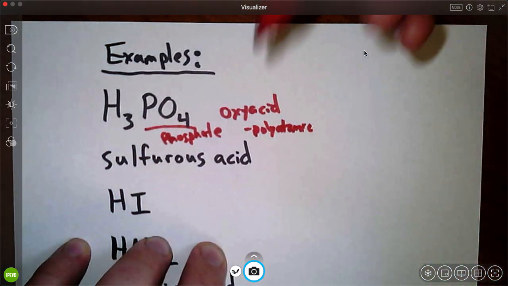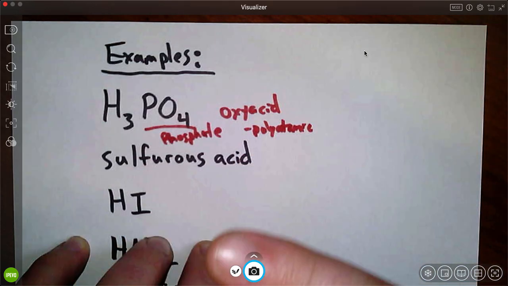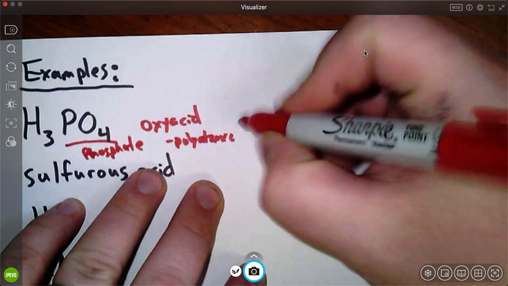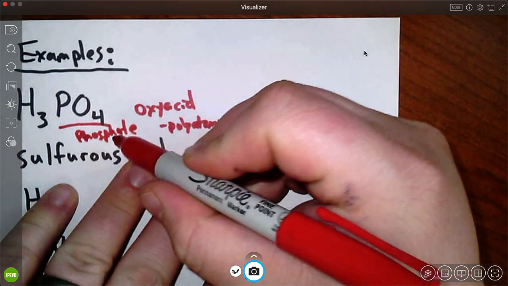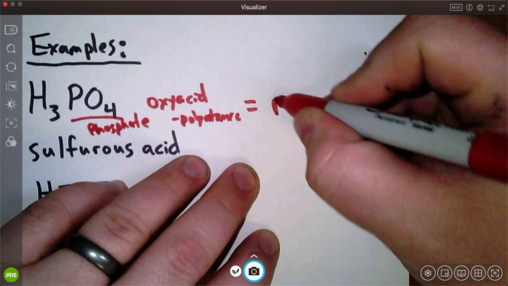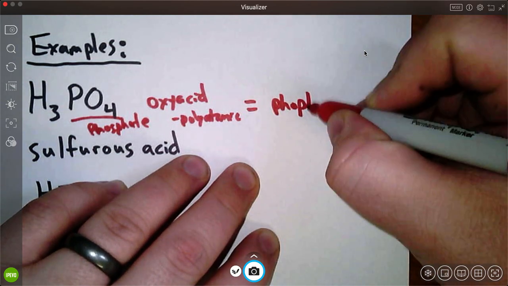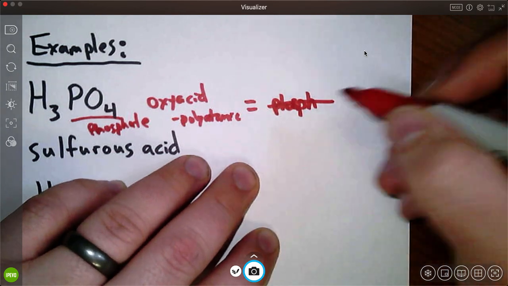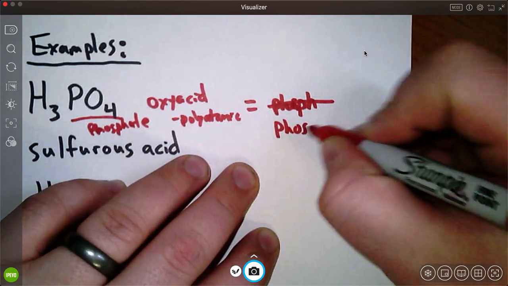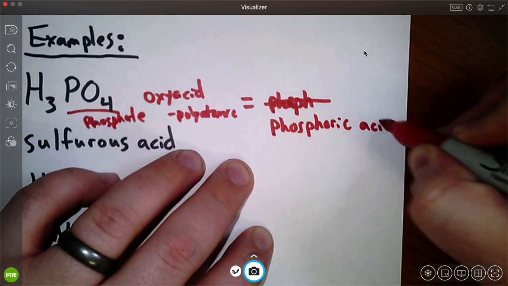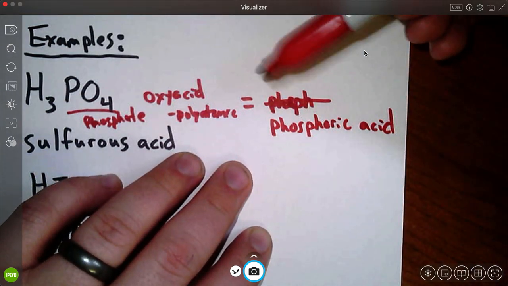Now, it is not a binary, so don't use hydro. It's just phosphate. We're just going to name it after that phosphate. So here we go. We're going to change the ending of phosphate to ic. So we're going to call it, oops, I forgot the S. Phosphoric. And we're going to add the word acid. So this is called phosphoric acid.